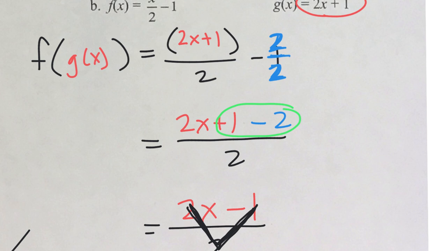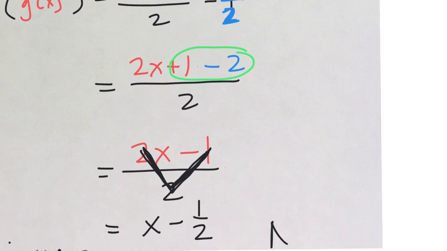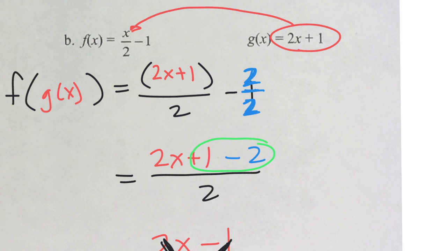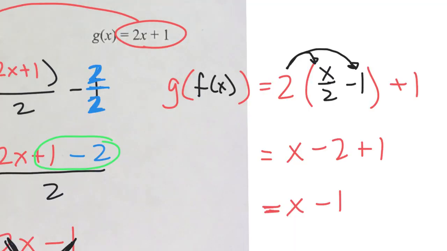So what should my analysis be about these two functions? Are they inverses? The answer is no. When I did my substitution and simplification, it did not simplify to just an x. It still has an x minus 1/2 business. But just to be thorough, let's try the other way also.